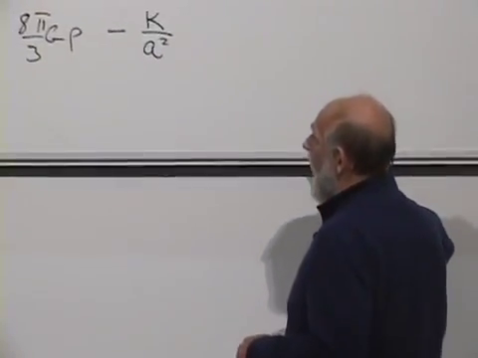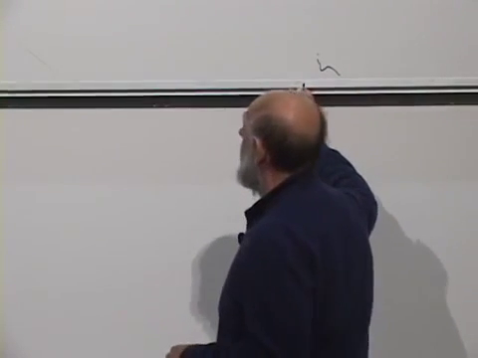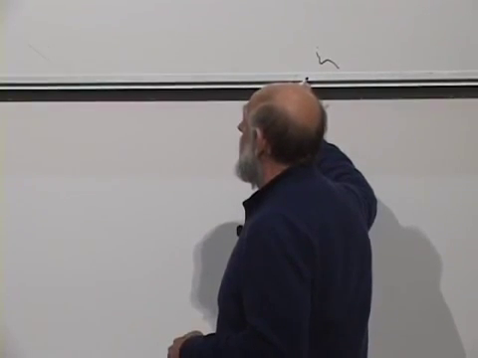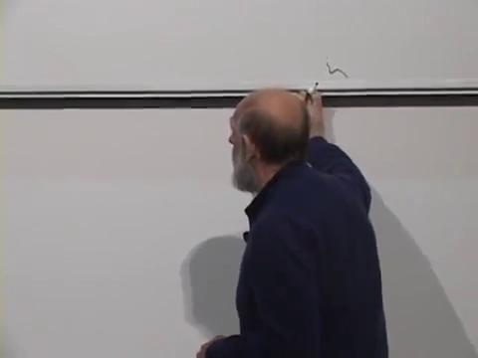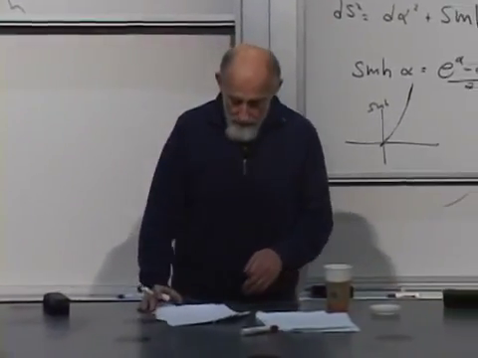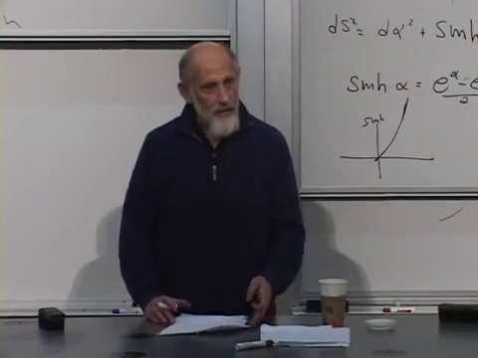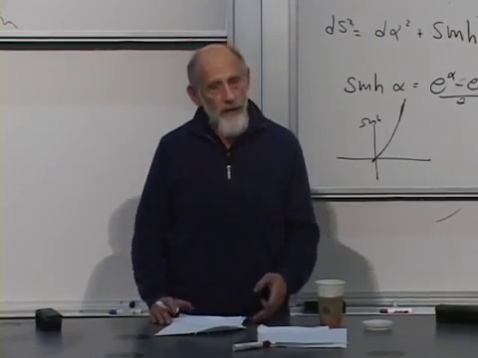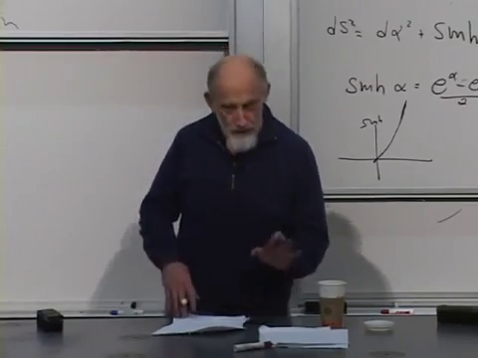Now, I think we can end there for tonight. I think I've reached a good point to stop. What I should spend a little bit of time next time is just discussing the significance of the cosmological constant and how it affects the behavior of the solutions.